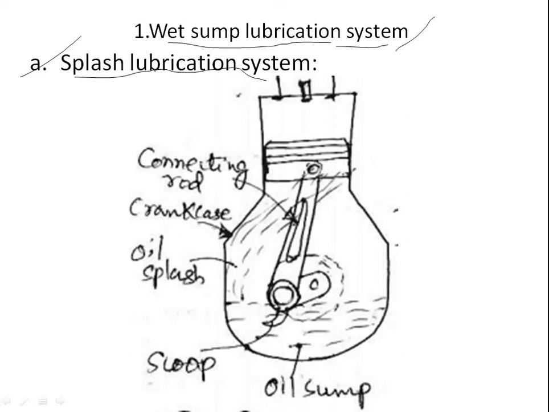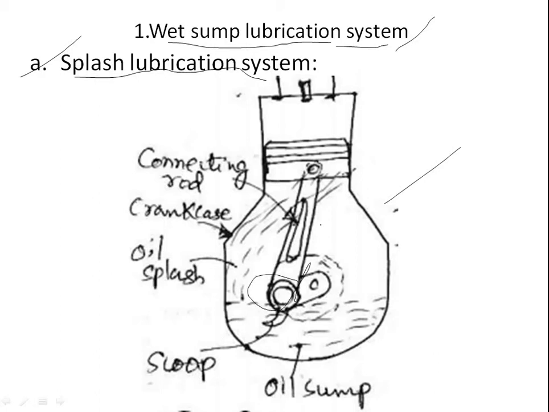Next we'll be discussing the splash lubrication system. You all can see the sketch I have shown. This system is suitable for low and medium speed engines. In this, there is a scoop at the big end of the connecting rod, you all can see this is the scoop.